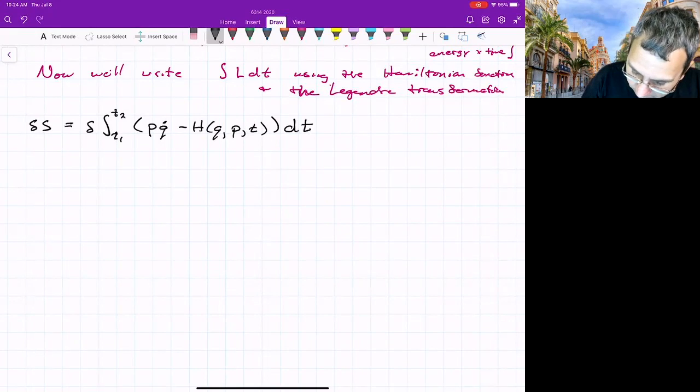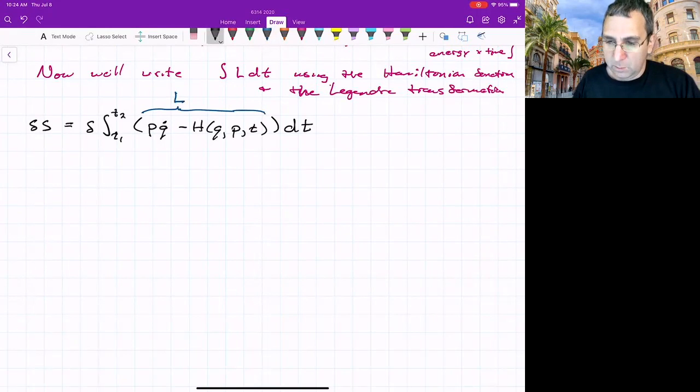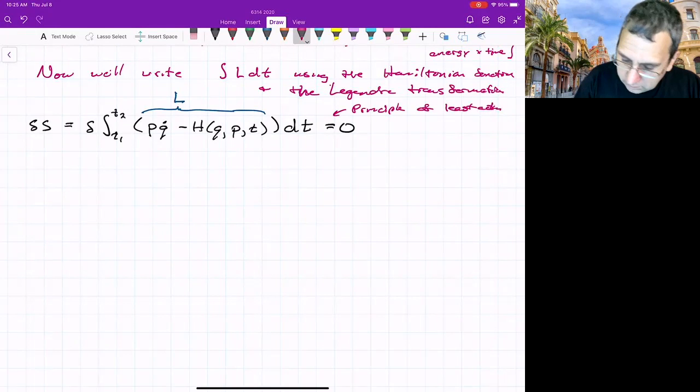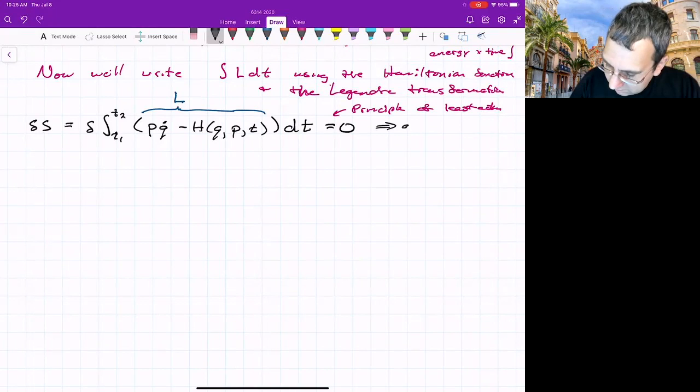So this is just another way of writing L, just to remind you. So we've got that, and the first variation equals 0. So that's the principle of least action coming in. And what's this going to do? This is going to give us the equations of motion, as we saw up above.